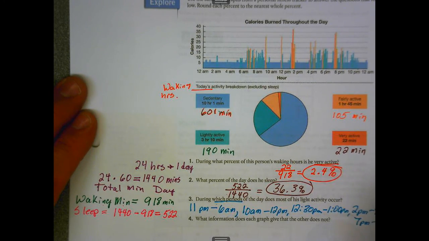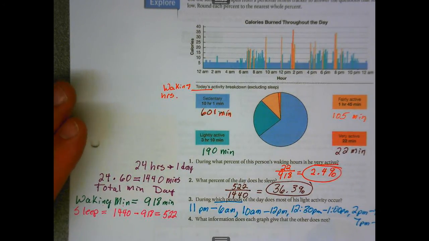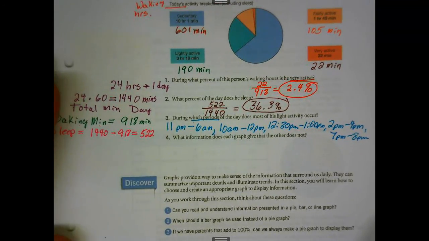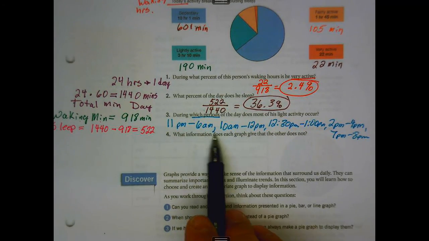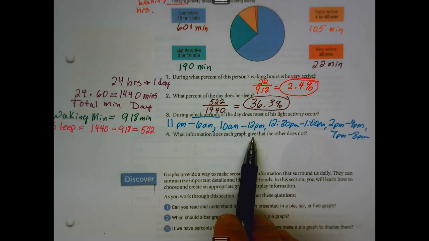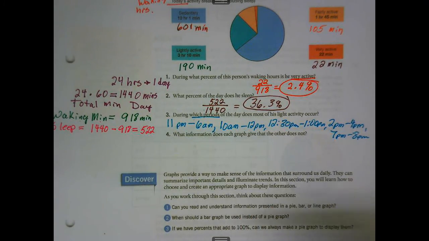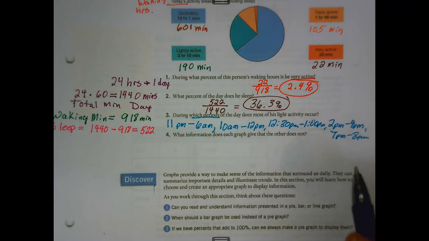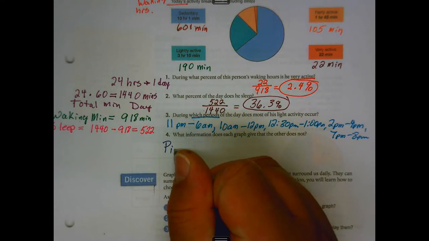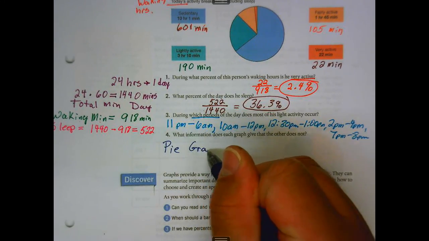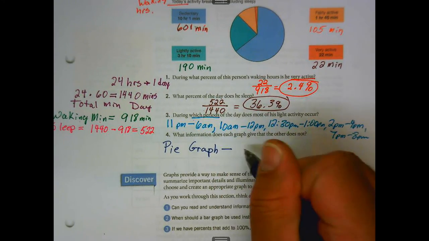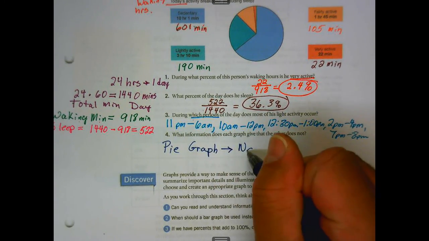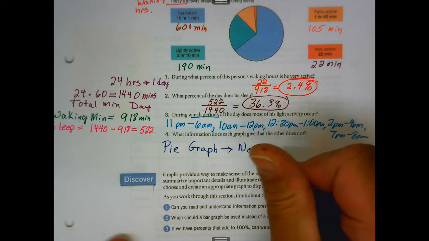Number 4. What information does each graph give that the other does not? Well, the pie graph doesn't give us any of the sleeping data. It's just waking minutes. So no sleeping data.